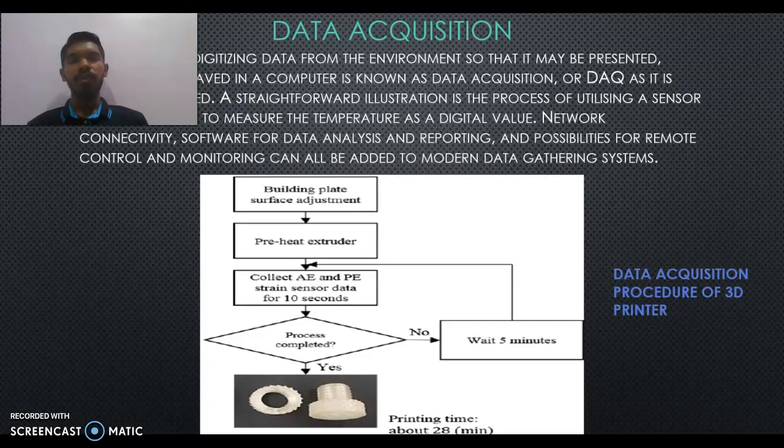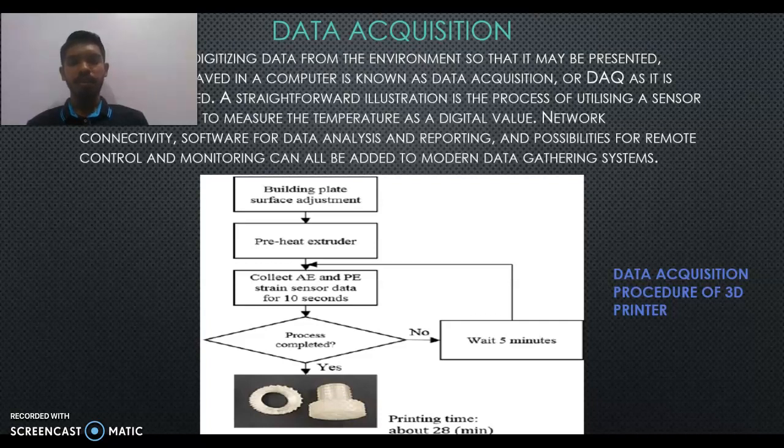A straightforward illustration is using a sensor like a thermistor to measure temperature as a digital value. Network connectivity, software for data analysis and reporting, and possibilities for remote control and monitoring can be added to modern data acquisition. The diagram below shows the data acquisition procedure of 3D printers.